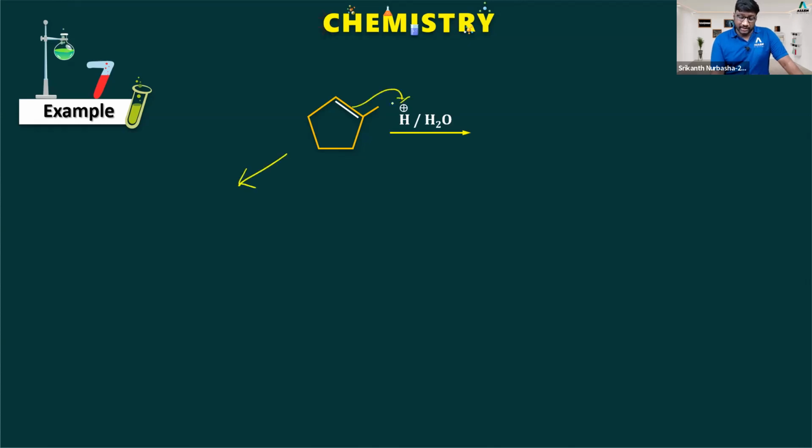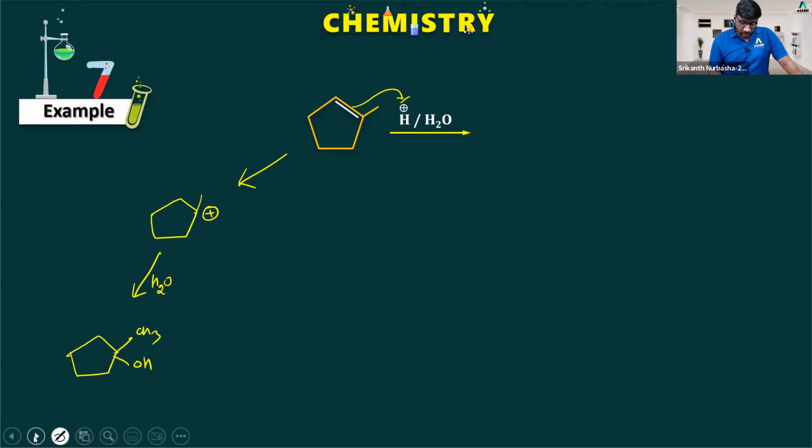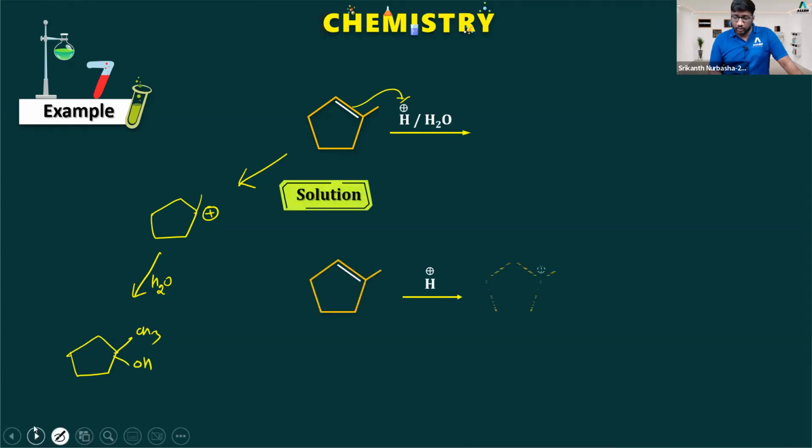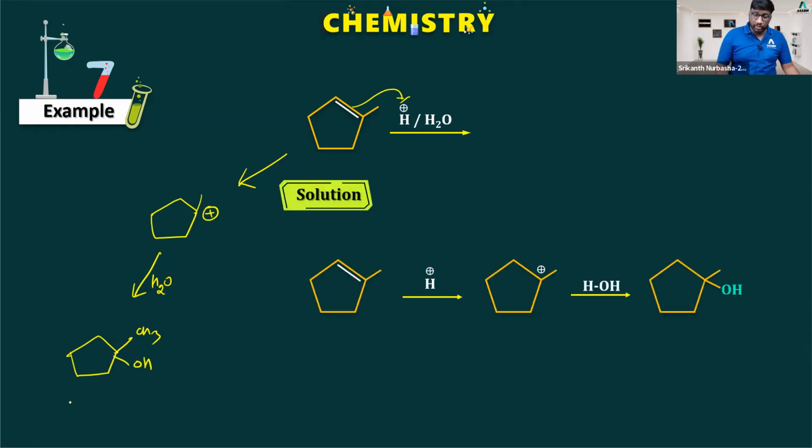The pi electron attacks H plus, you get this type of carbocation. H2O attacks, you get methyl and OH. So you have no ring expansion here, because the positive charge is present on the 5-membered carbon only. So it is going to be 1-methyl cyclopentanol, not hexanol.